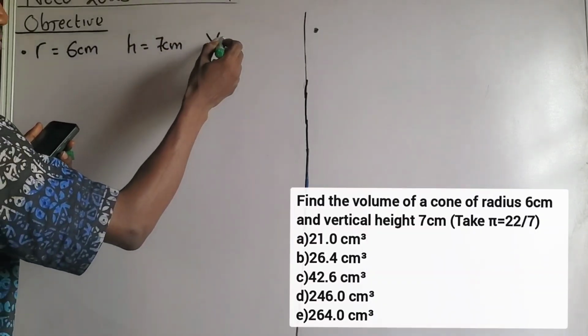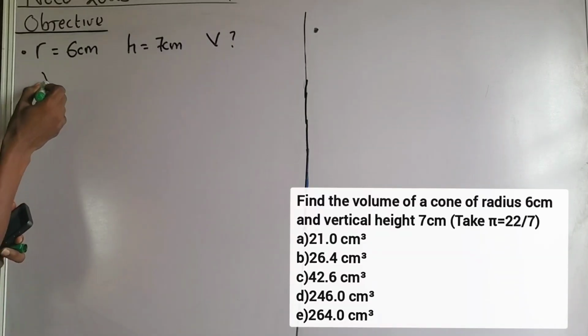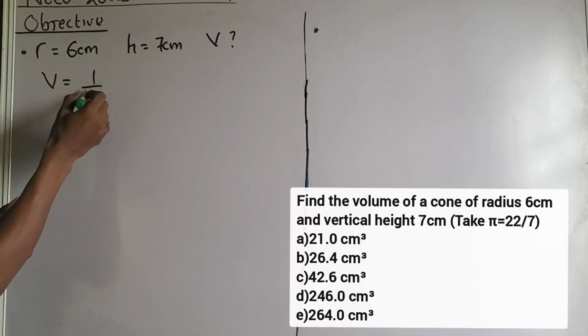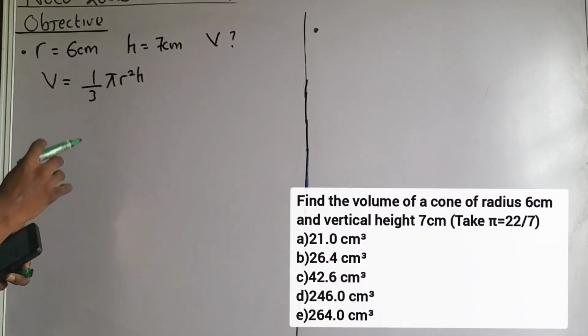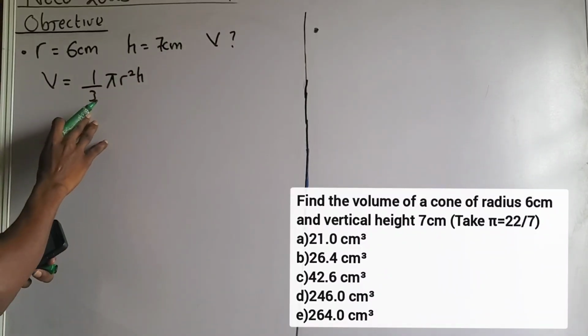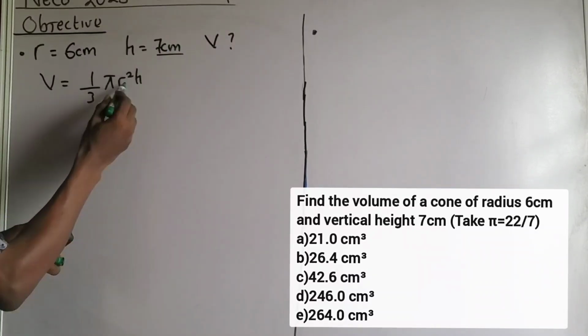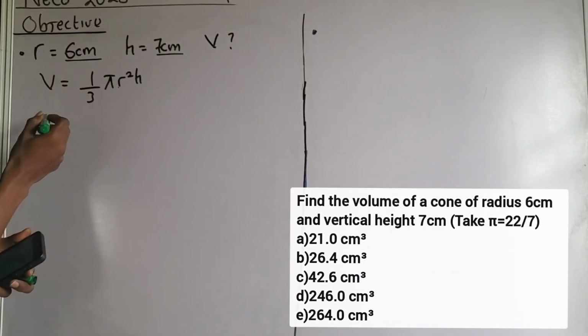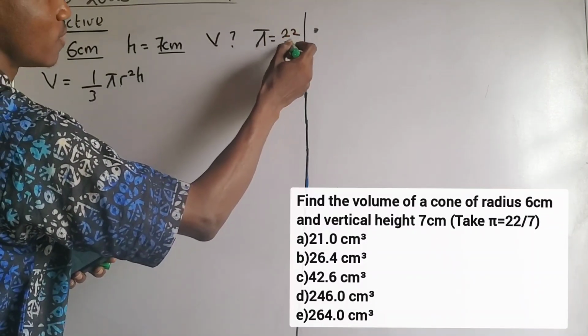We are asked to find the volume. The formula for the volume of a cone is 1/3 pi r squared h. This is the formula that you can use to find the volume of a cone, and pi has been given as 22/7.